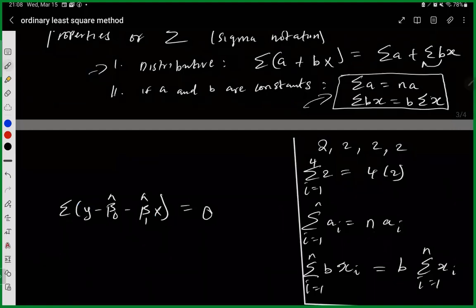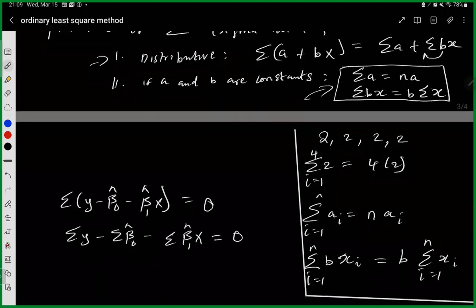So we're going to distribute this here. We're saying summation y minus summation beta naught hat minus summation beta 1 hat x is equal to 0. So we've distributed based on the properties of the sigma notation.